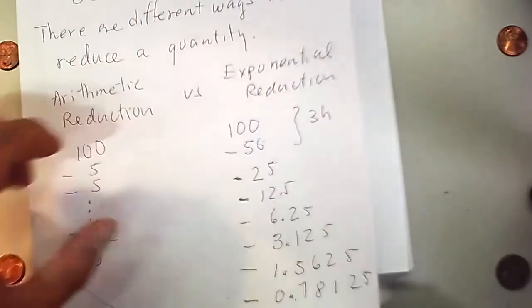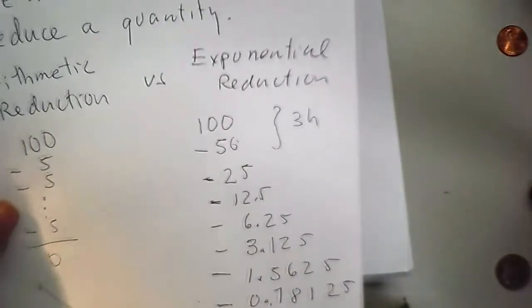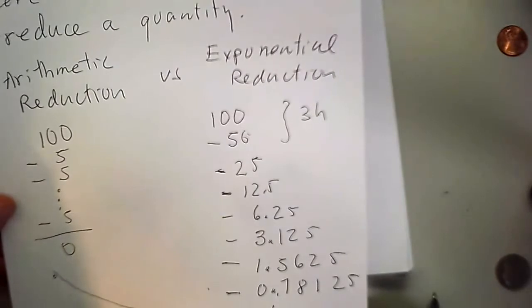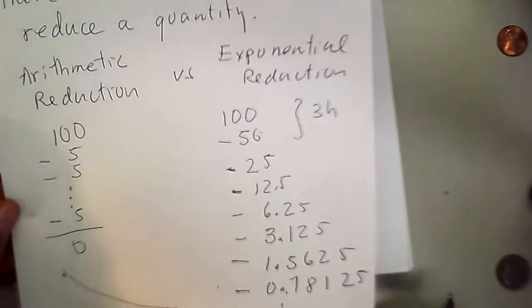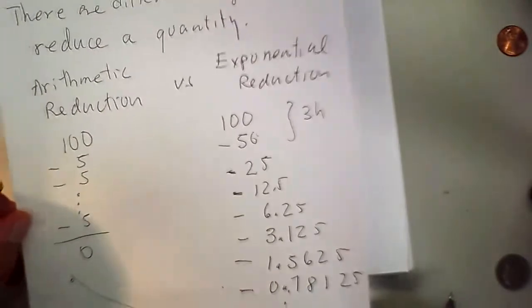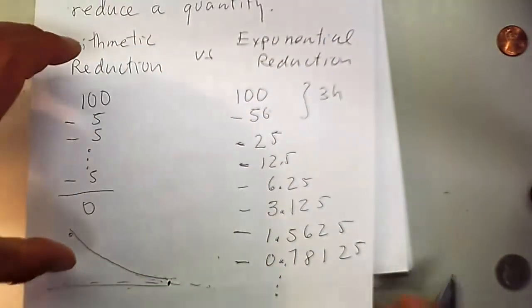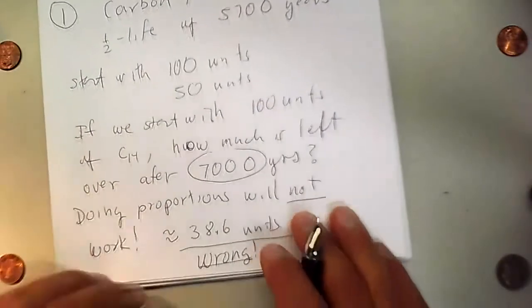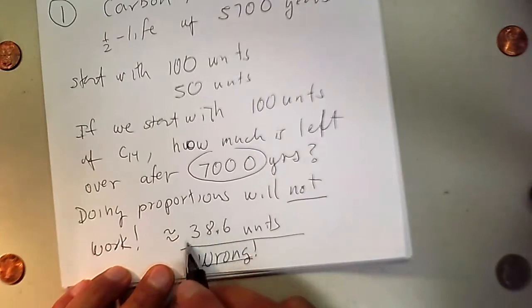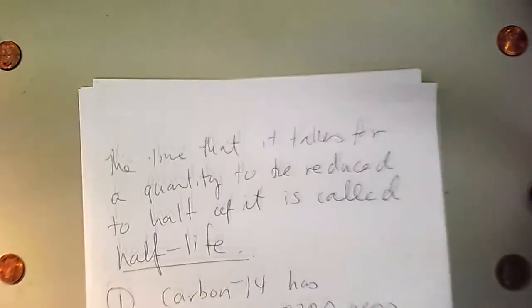This is also called geometric, exponential geometric. I take that back. I don't know if it's geometric. It is exponential versus the arithmetic decay. So this is wrong. Let's just remember this. 38.6 is wrong.